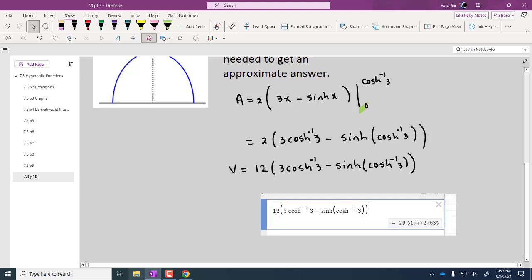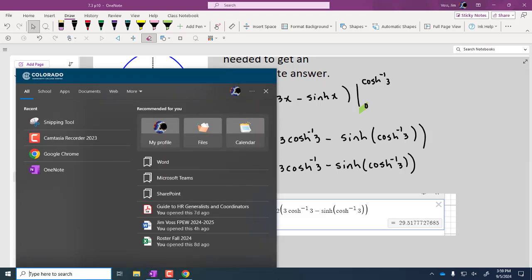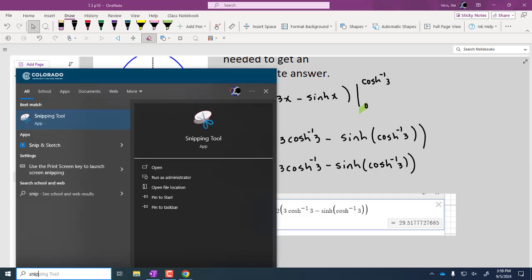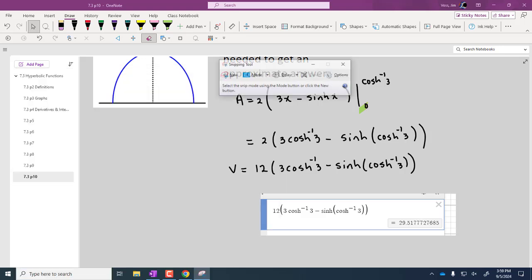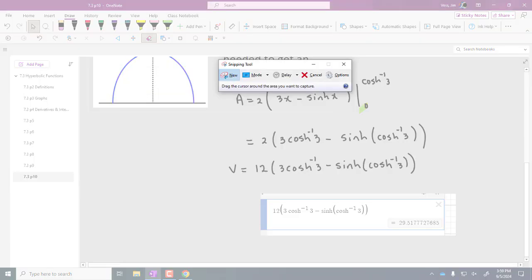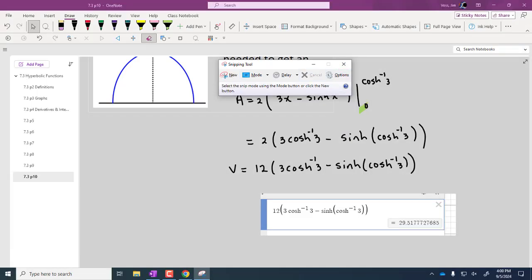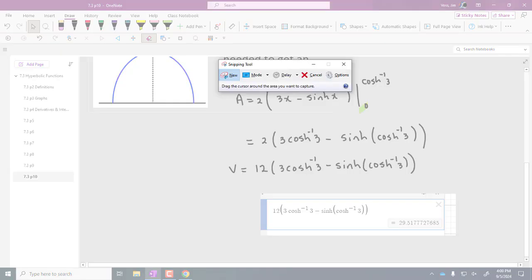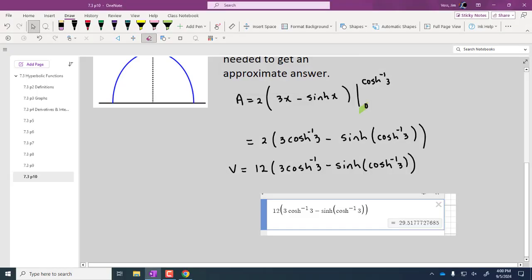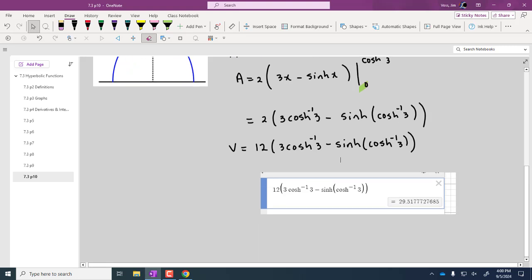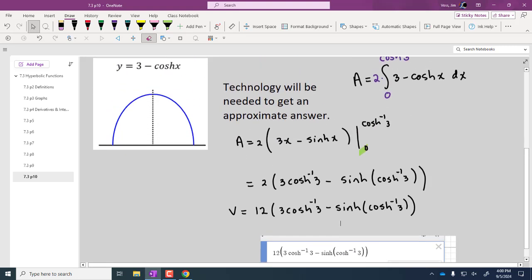So if you look up snip, click on new, and then you can save whatever. I thought it had the shortcut command there somewhere so that I could see if I forget the command. Mine does on my Windows, I don't know why.